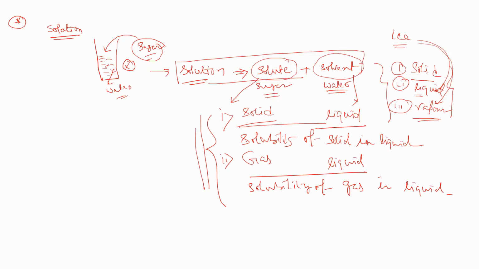There are various categories of solubility, like when solute and solvent are both liquid, or the solute is a gas and the solvent is a liquid, or solid and gas. So various combinations are possible between the solute and the solvent. We can change the solute, and we can also change the state of the solvent.